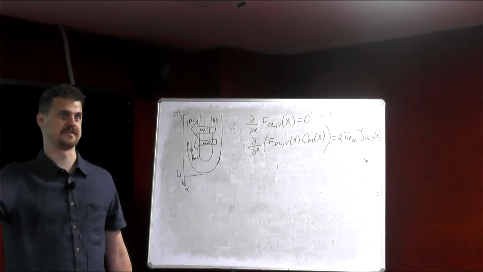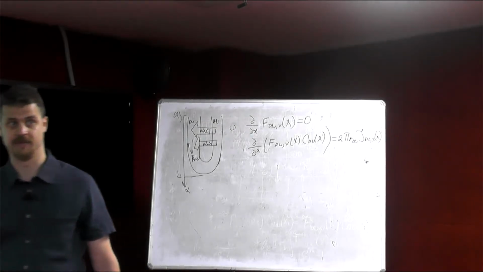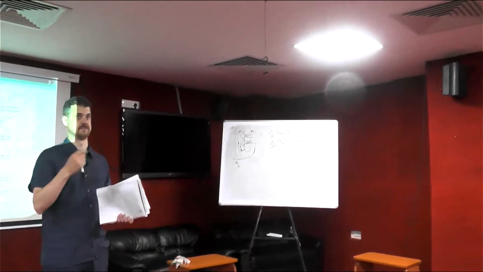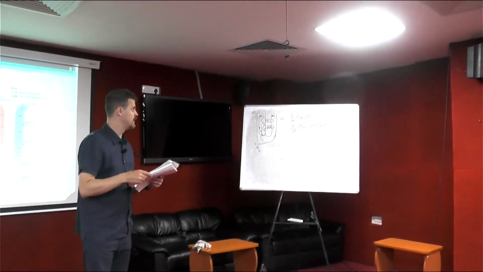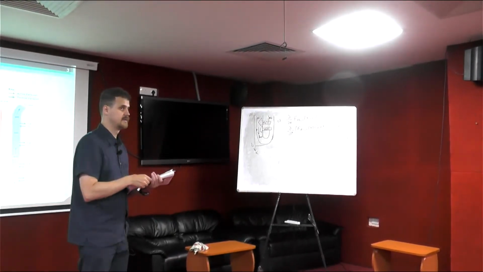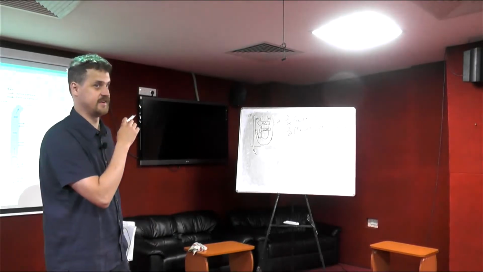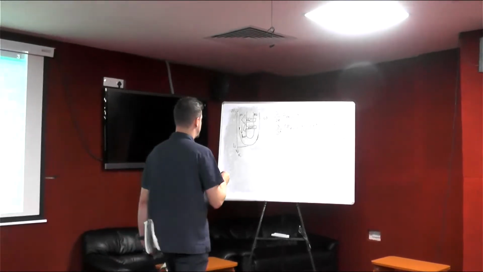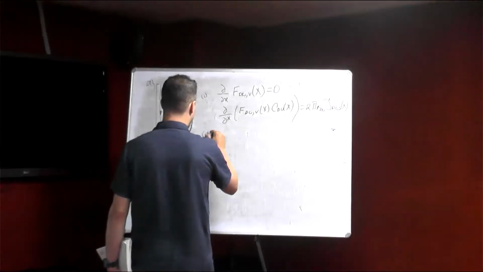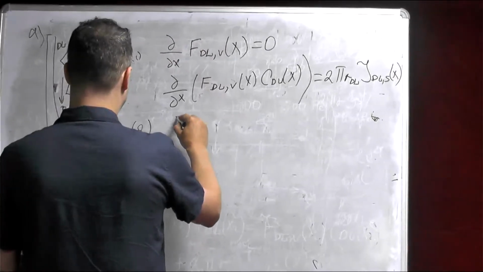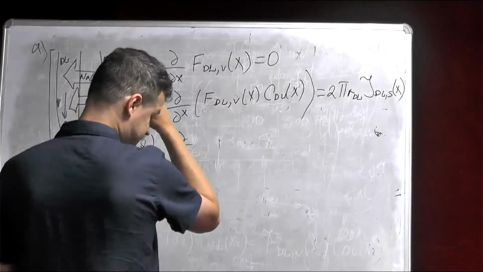If we describe this for the ascending limb, then yeah, we assume that this parameter should be with minus. No, this is considered for the descending limb. The same assumption goes for the ascending limb.